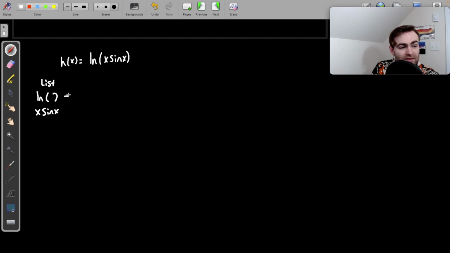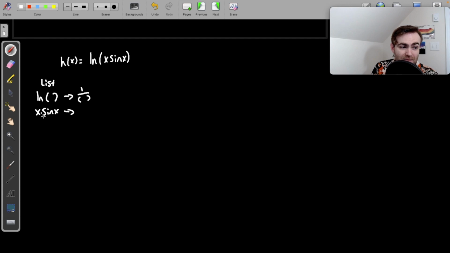The derivative of the natural log of something is 1 over that something. The derivative of x sine x, a common misconception my kiddos have is that they will say it's cosine because they will think the derivative of x is 1, derivative of sine is cosine, 1 times cosine is cosine. But they forget that this is actually product rule.